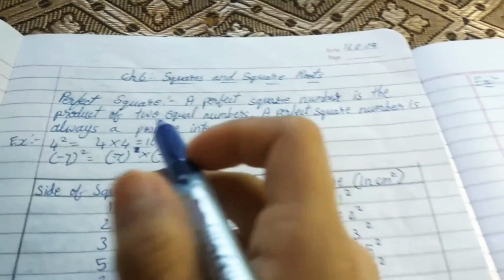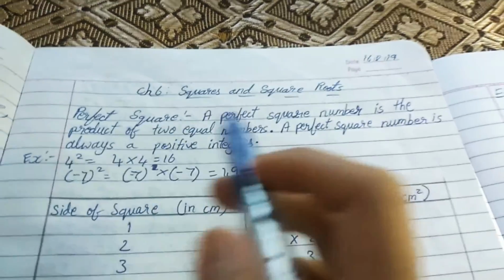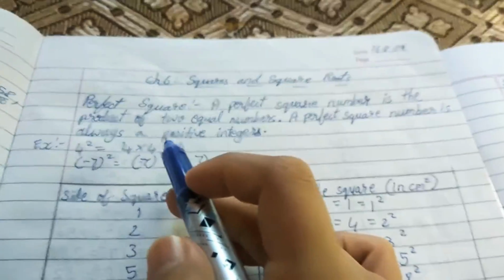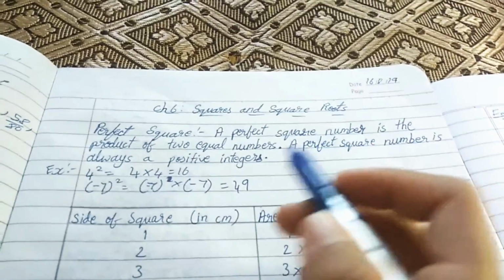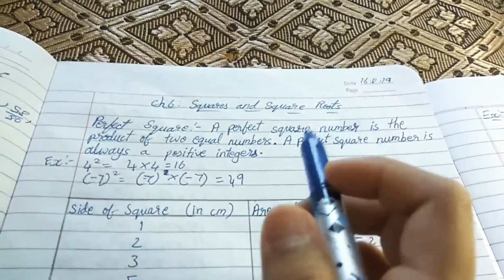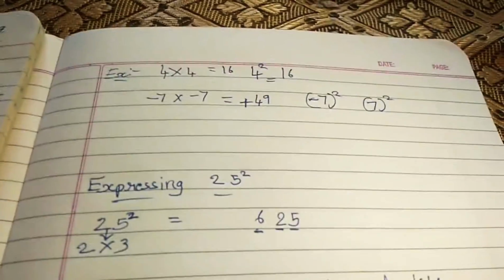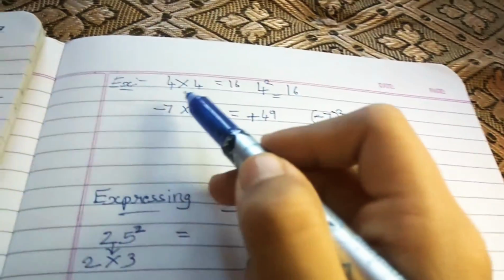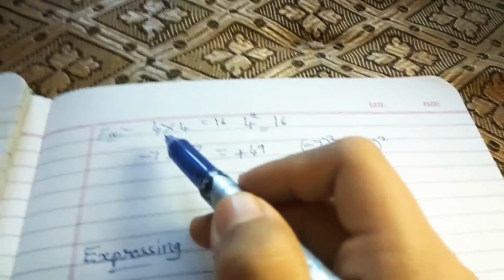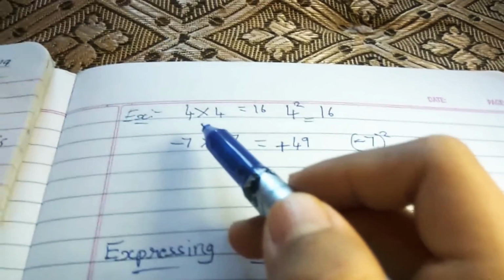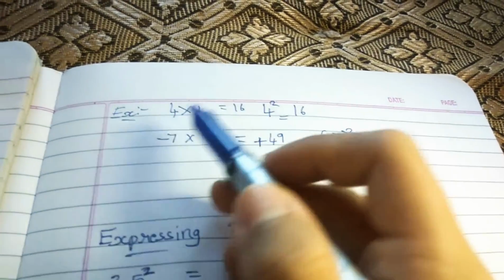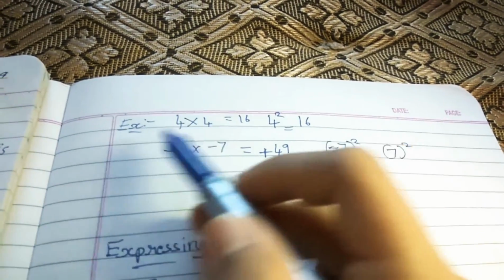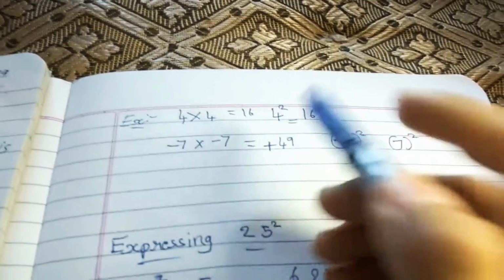A perfect square number is the product of two equal numbers, and it is always a positive integer. For example, take two equal numbers, 4 and 4. 4 multiplied by 4 is 16.